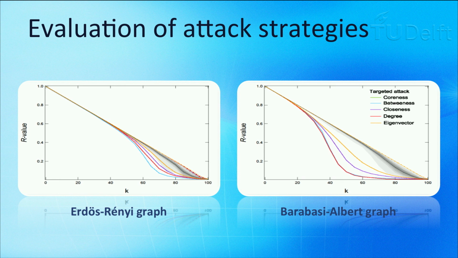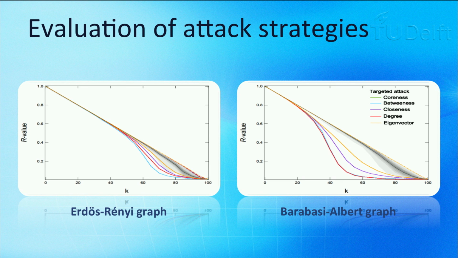For example, the red curve shows the subsequent removal of the highest degree nodes. The light blue one shows the subsequent removal of the highest betweenness nodes, and the yellow-orange line shows the subsequent removal of nodes with highest principal eigenvector components. Thus, the colored lines represent a certain attack strategy.